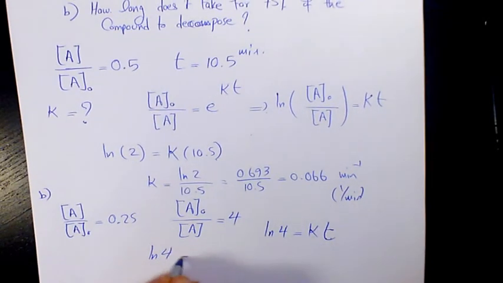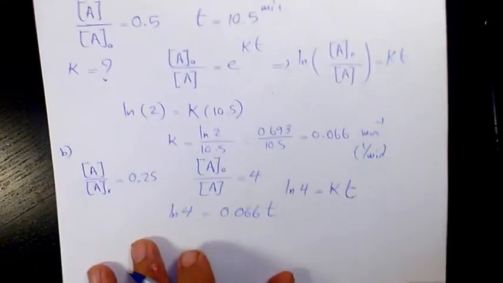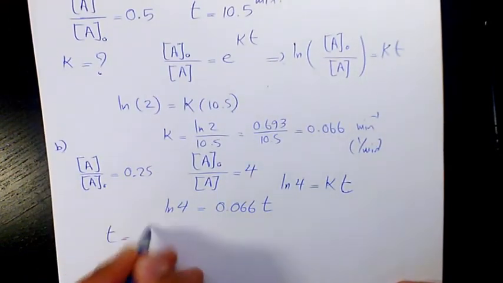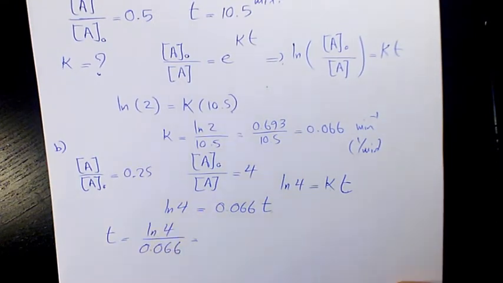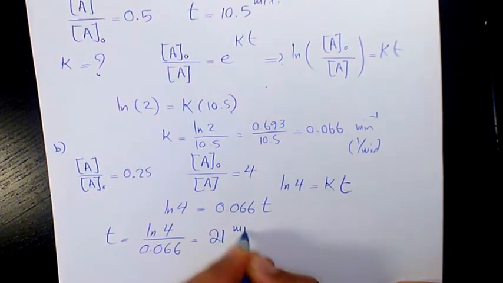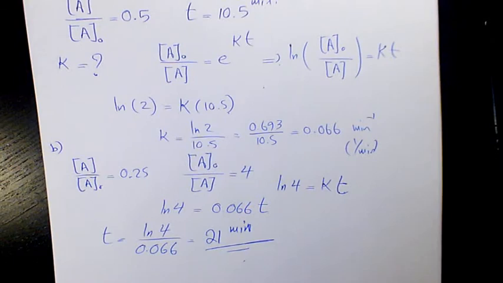So ln 4 equals 0.066 times T. So T will be ln 4 over 0.066. It's going to be almost 21 minutes. So after 21 minutes, 75% of the original concentration is consumed and you have only 25% remaining.